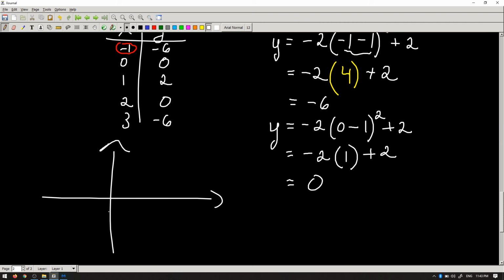So what do I get? Well, my vertex is at 1, 2.